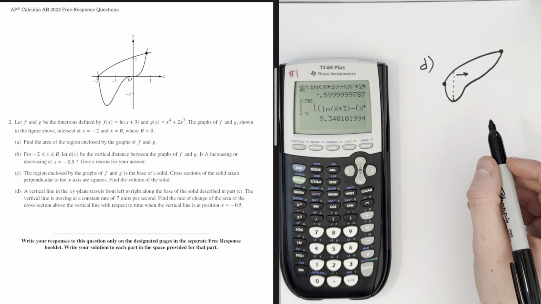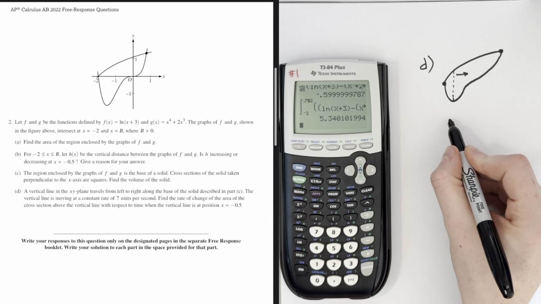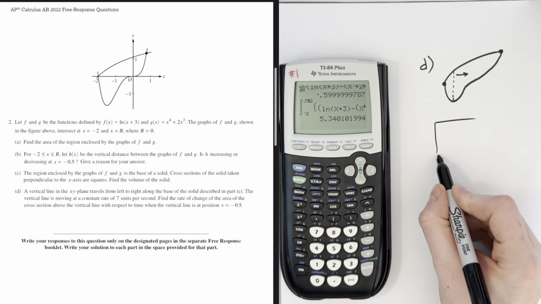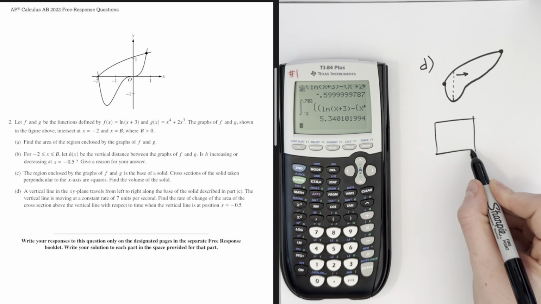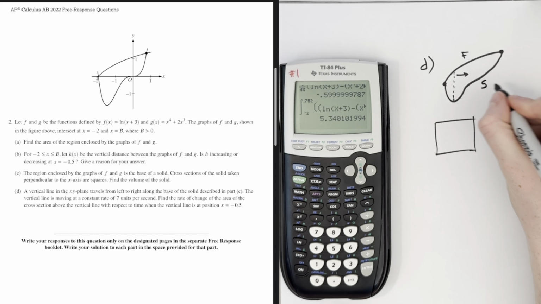Okay. Now, I'm assuming, or it says that this is the solid in part C, and we know that our cross-sections were squares, right? So this was F, this was G, right?